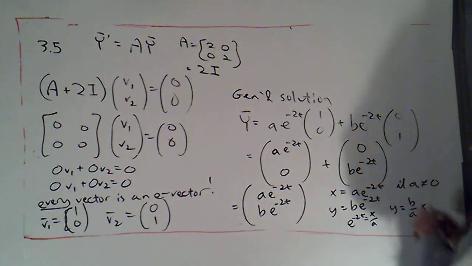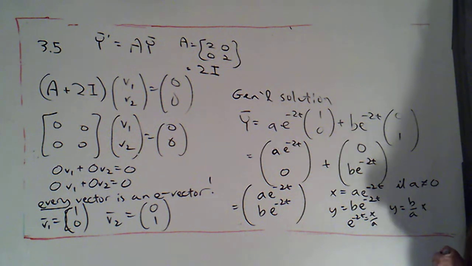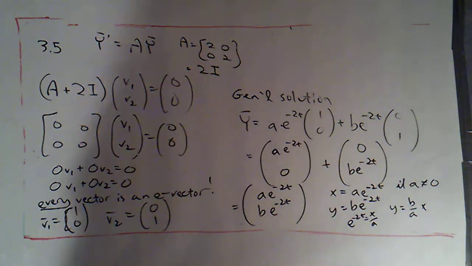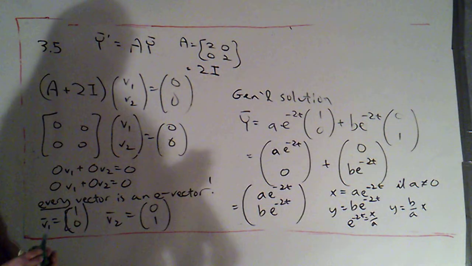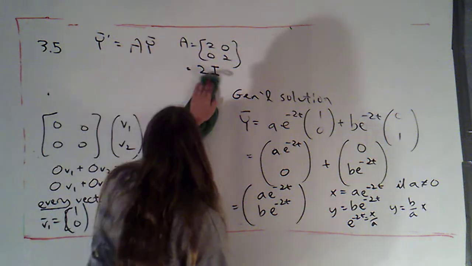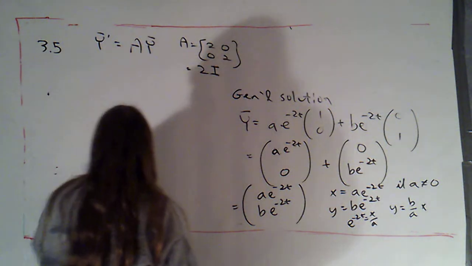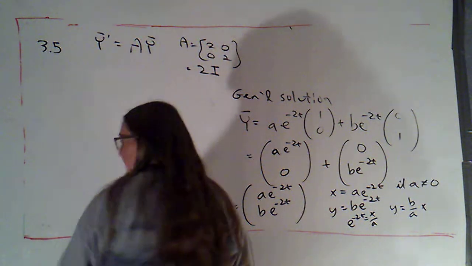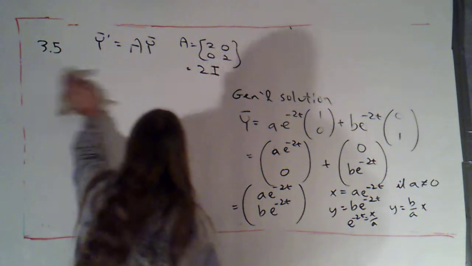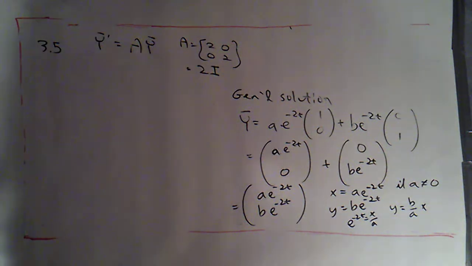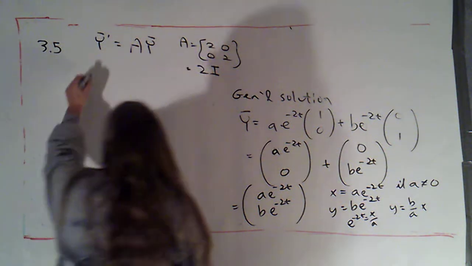So that's what my general solution looks like, and that tells me that I'm getting nothing but straight line solutions. Every single solution in this case is going to be a straight line solution. There's no curvature at all to my solutions to this particular differential equation.